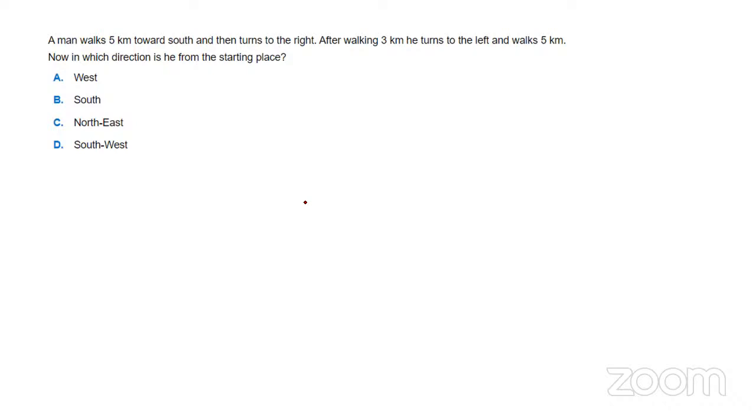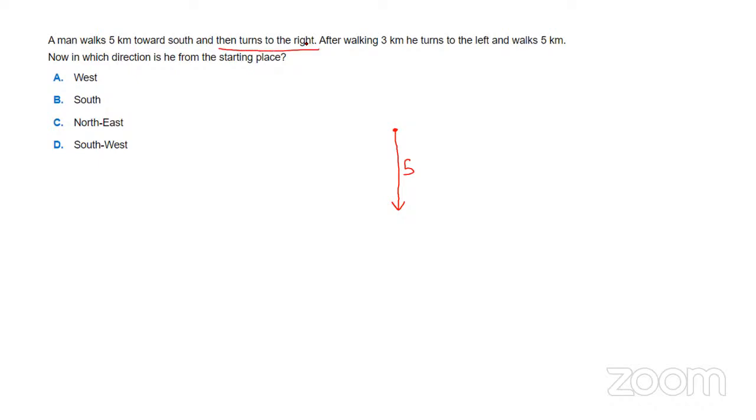So it's given here. A man walks 5 kilometers towards south. Right? So let's say this is the starting point. He walks 5 kilometers towards the south. So let's say this is the south. It's going to be 5 kilometers. Then he turns right.